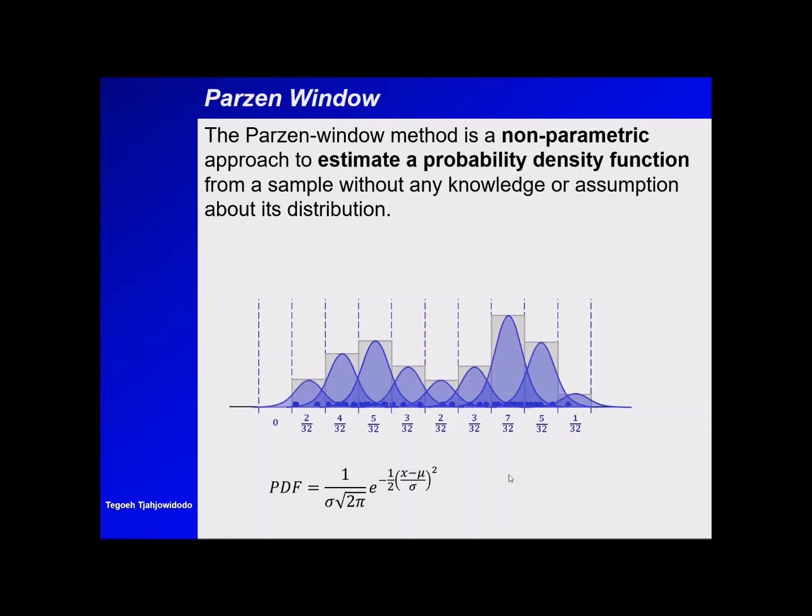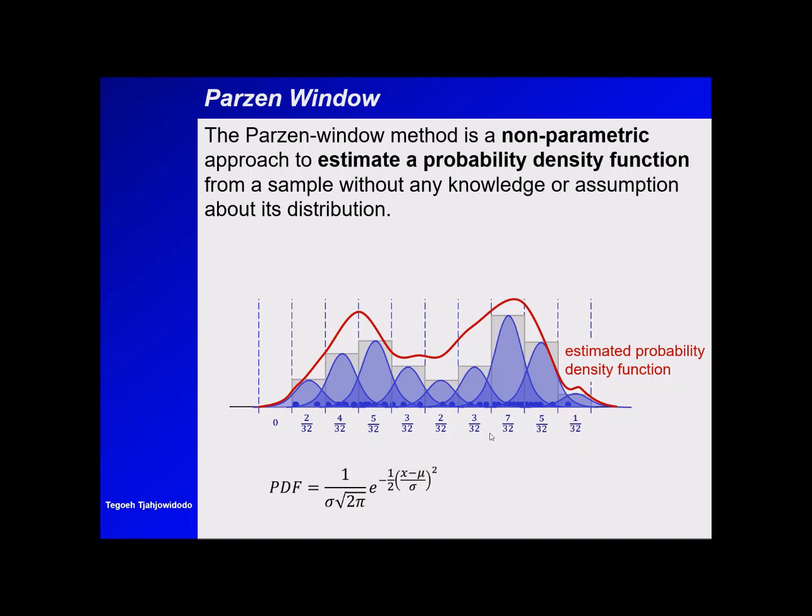And then after that, what do I do? I have to sum them all to come up with the estimation of the probability density function of the population, right? So I sum them all, and if you take a note here, there are some overlapping areas there, then I have to double it if I have overlapping areas there. So after I sum them all, it becomes something like this. So this is my estimated probability density function.